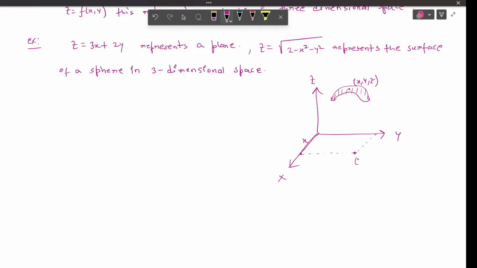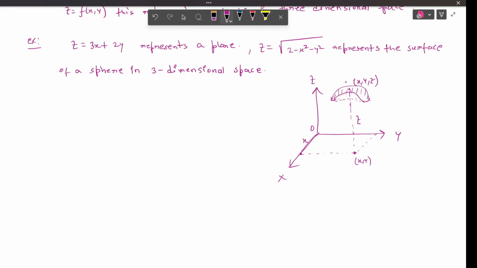So this coordinate is x comma y, and this height is z. Okay, this height is z. So in this figure, we show a position of x, y on the XOY plane, and the corresponding value of z.